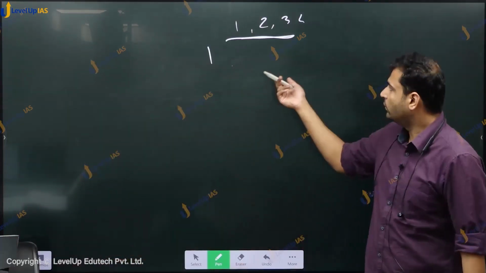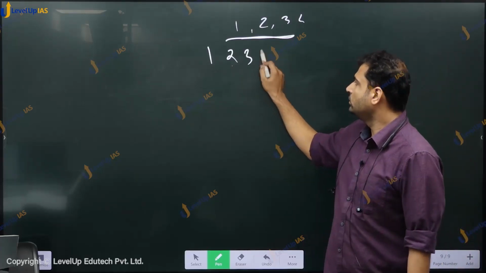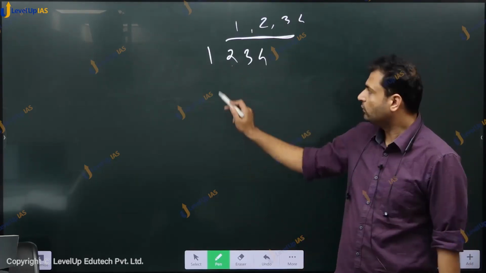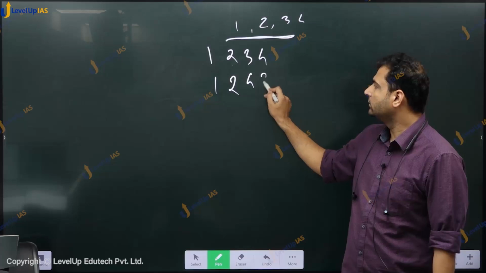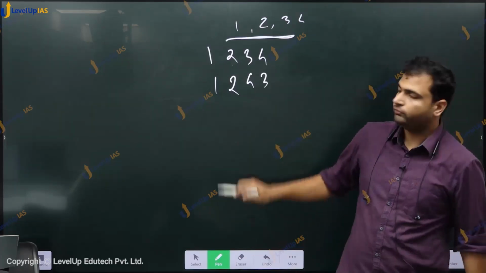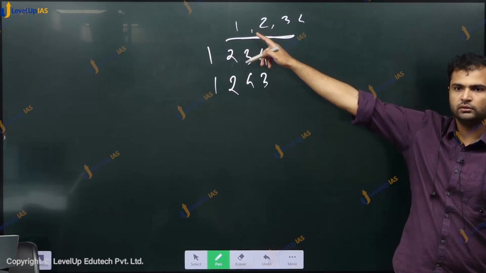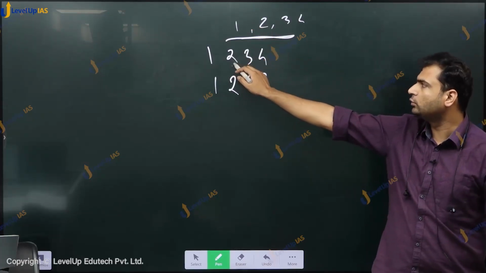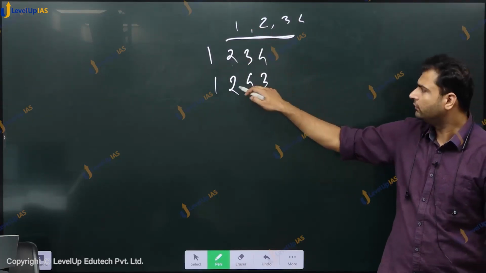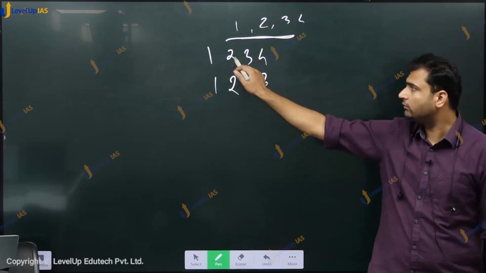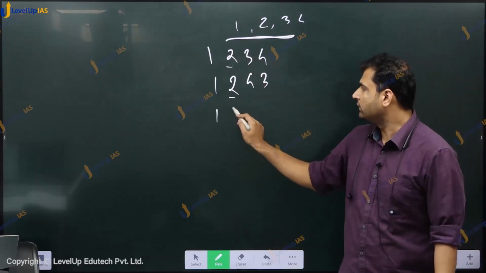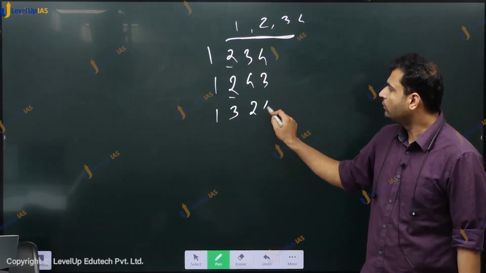We have this 1, then let us say 2 3 4, then 1 2 4 3. We first fixed 1, that is because of the given condition. Then second we are fixing 2 here and writing 3 4, fixing 2 writing 4 3. Fixing 2 is over, then we fix 3 here and we write 2 4.